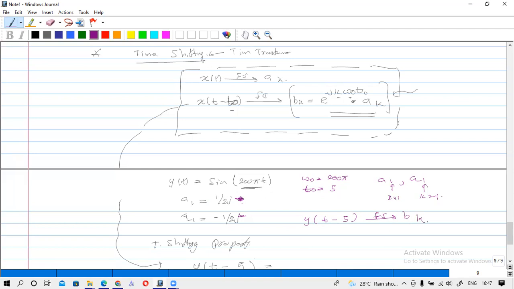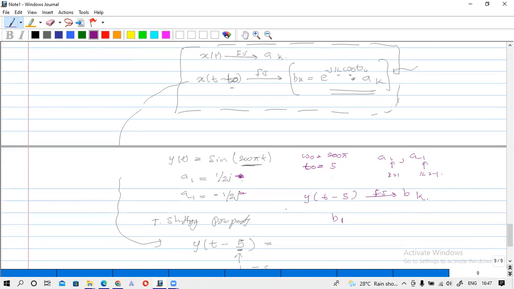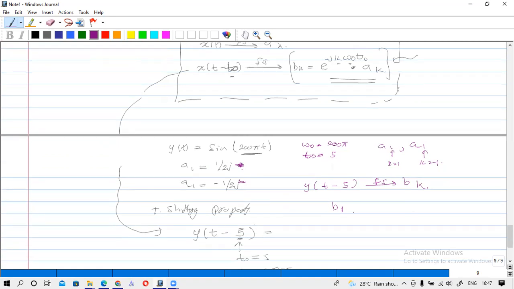So there are two k values, k equal to 1 and k equal to minus 1, so I should have two coefficients, b1 and b minus 1. If I write b1, k is equal to 1, so I have e to the power minus j k omega naught t0.